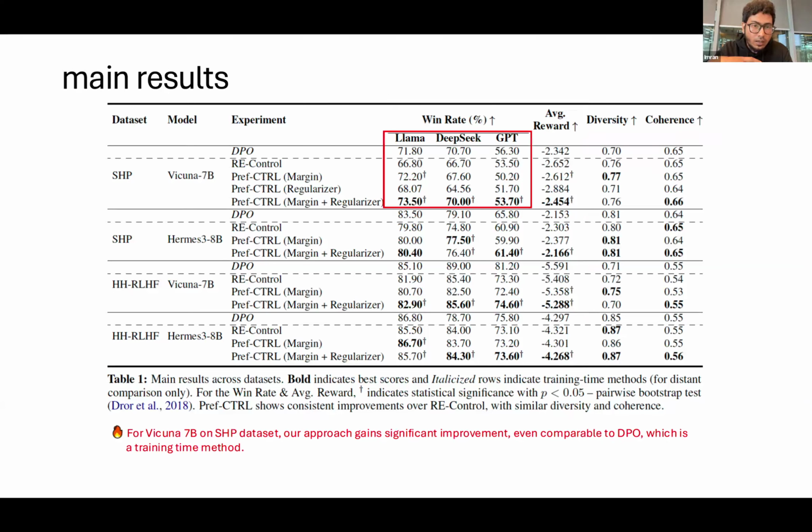If we look at the Vicuna results on the SHP dataset, we can see that our approach actually performs significantly better than the RE-Control baseline. And in terms of DPO, as a training time alignment, we are still getting comparable results. Being a test time alignment, this is a very good indication that our model actually generalizes well.